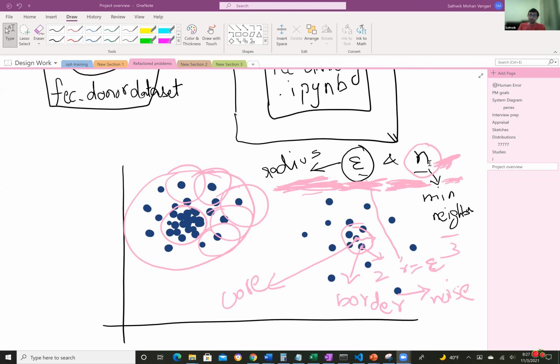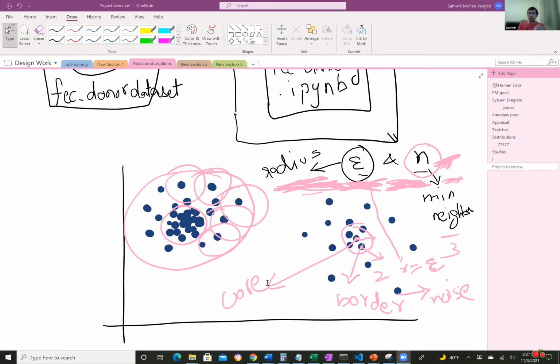If the number of neighbors of this specific point is equal to or greater than my minimum number of points, let's say I require a minimum of 10 neighbors, and the point I am looking at right now has only 5 neighbors within the circle, then 5 is less than 10, which means it is not satisfying this criteria. So it is not core to my cluster.